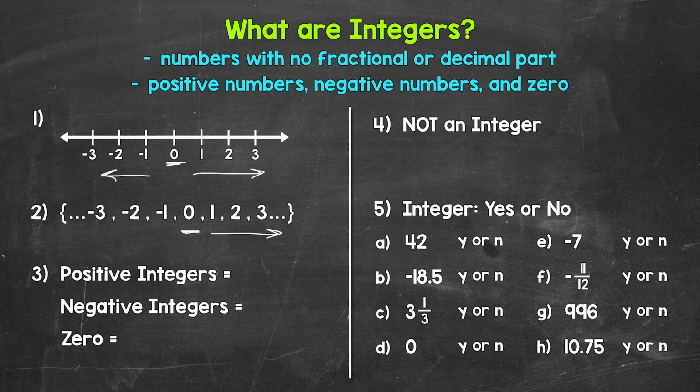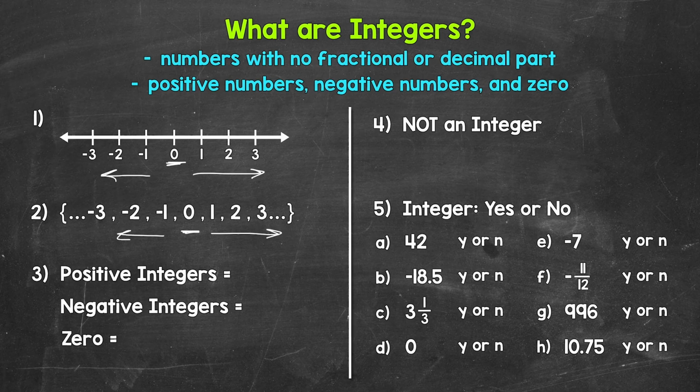And then the negative integers are to the left of 0, with again those 3 dots showing us that those continue on as well. So really, integers are just all of the numbers counting up by 1 from 0. Those are the positives. And then all of the numbers counting down by 1 from 0. Those are the negatives. And then 0 as well.